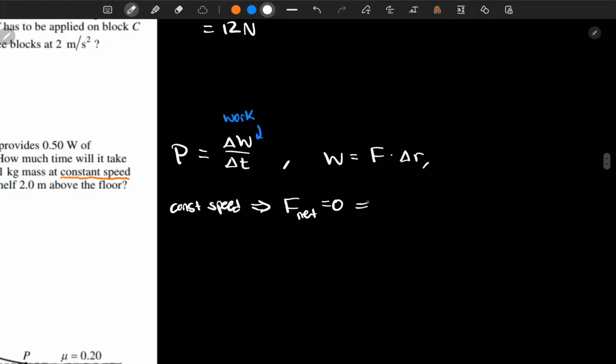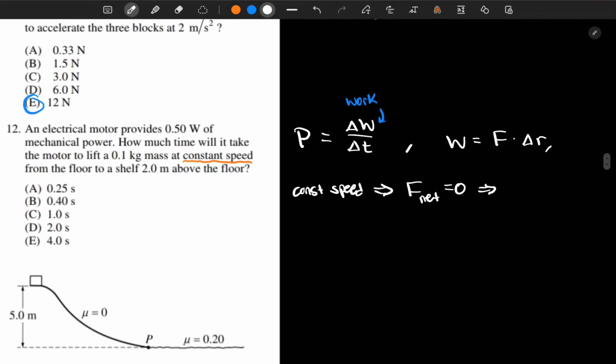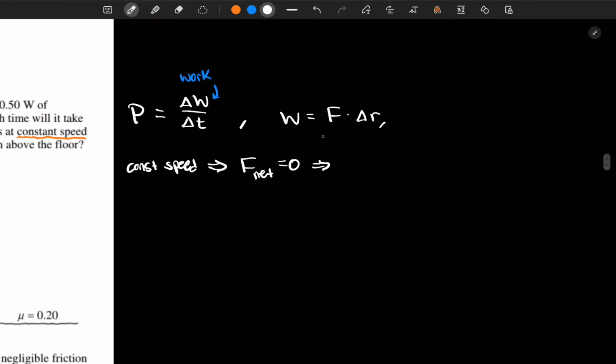This implies that the force due to gravity should exactly equal the force given by the electrical motor. That is, the force due to gravity is exactly equal to the force from the motor.